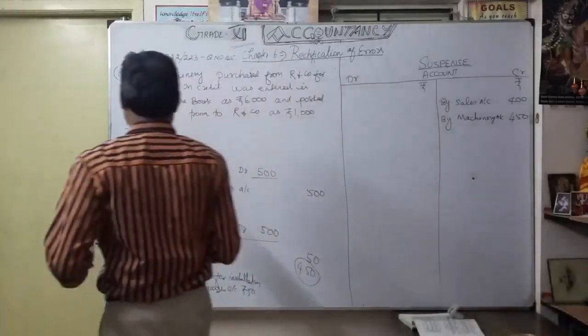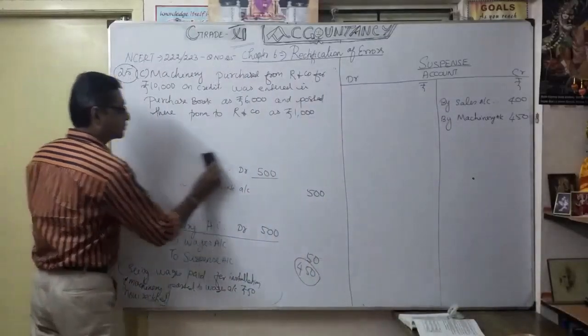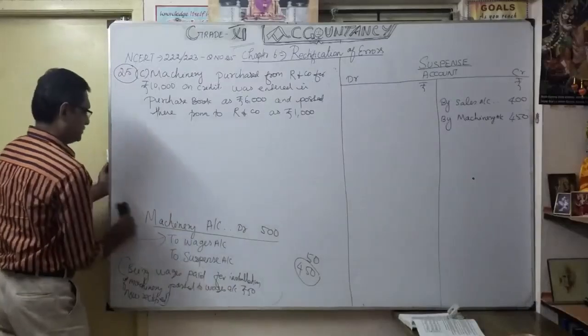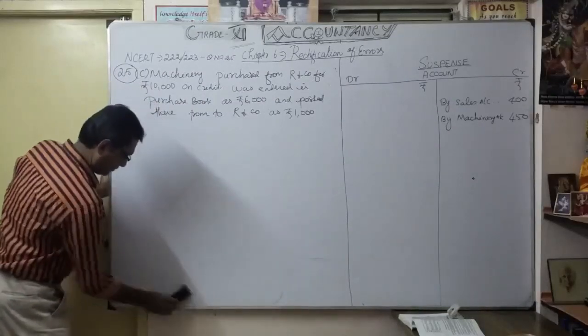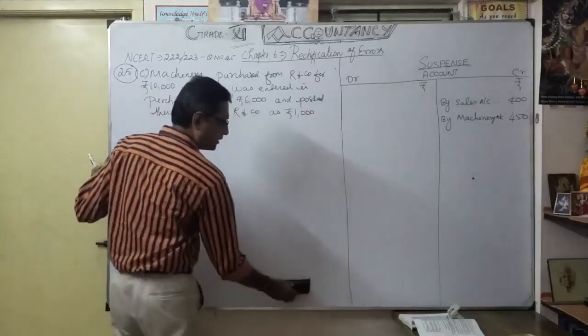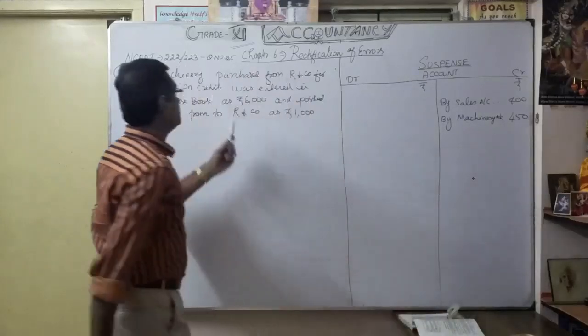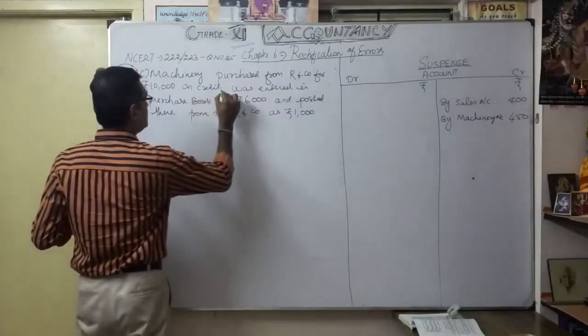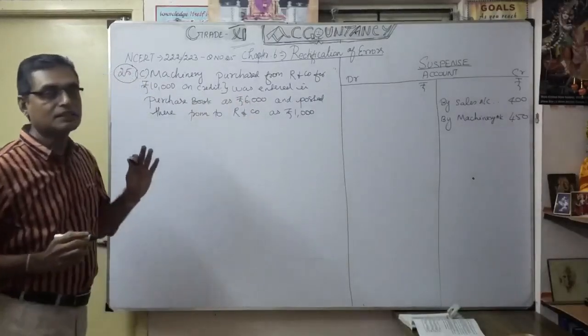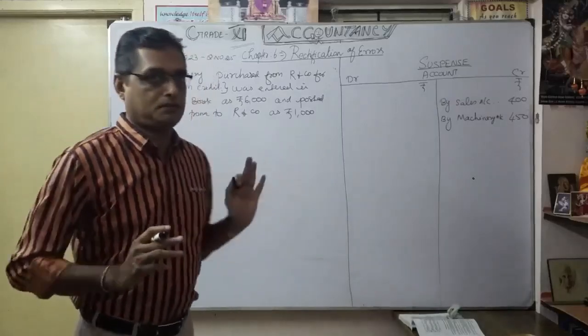Now let's go through it. Machinery purchased from R&Co for 10,000 on credit. Up to this, that's what the transaction is supposed to be.